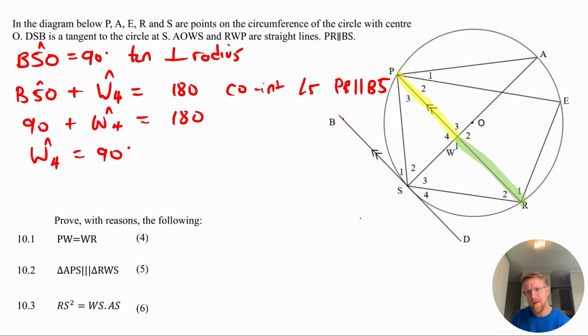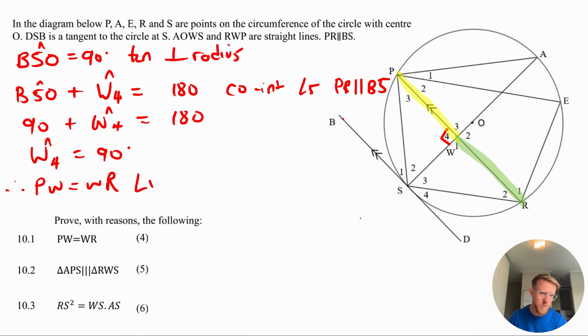because we now know that this is 90 degrees, then we can go back to that original theorem that I told you guys, that if you have a circle and you have a line from the center hitting a chord at 90 degrees, then these two have to be equal. So we can then end off by saying, therefore, PW would have to be the same as WR.